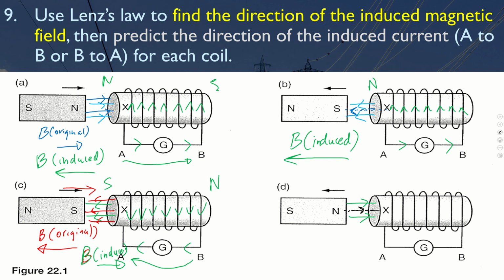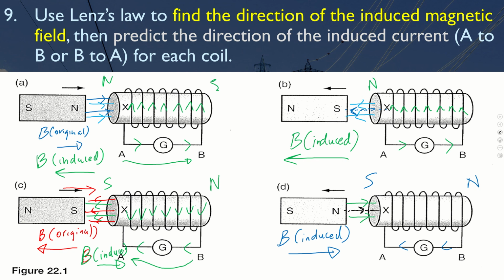Okay, so based on that motion, that's going to induce an EMF, and according to Lenz's law, we're going to induce a magnetic field that will try and increase the amount of flux going to the right here. Okay, and that will also see us get a similar thing over here.